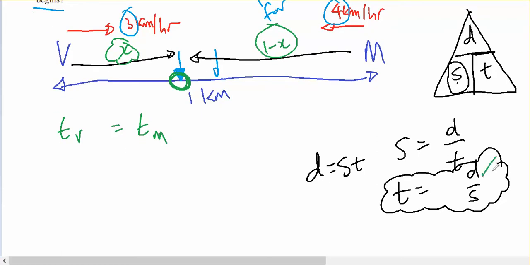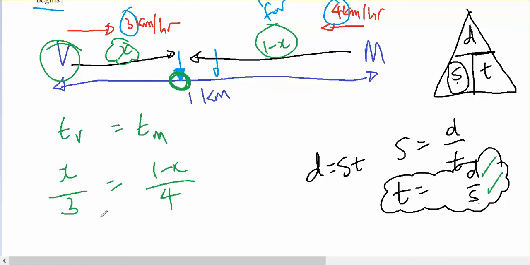So the distance that this army walks is x. The distance that this army walks is 1 minus x. The speed that this army walks is 3. The speed that this army walks is 4. Now I have an equation in terms of x that I can solve.